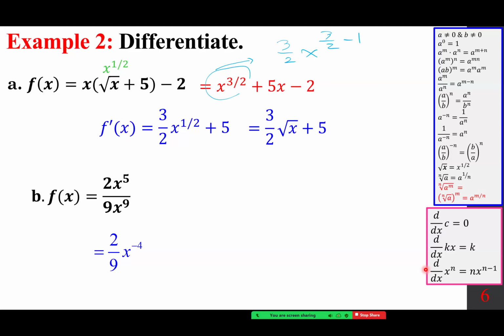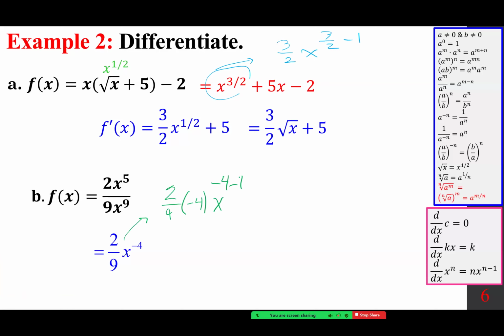And so here's what happens. I want to show you the step-by-step answer. So I want to differentiate this. I get 2/9 times -4 x to the power of -4 minus 1.